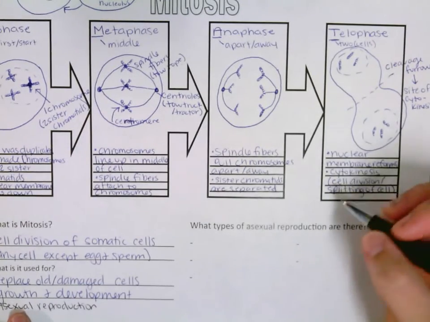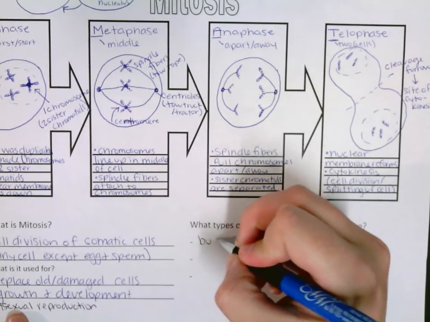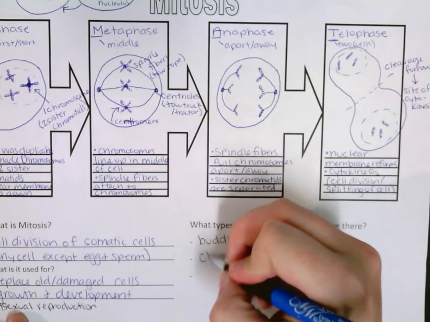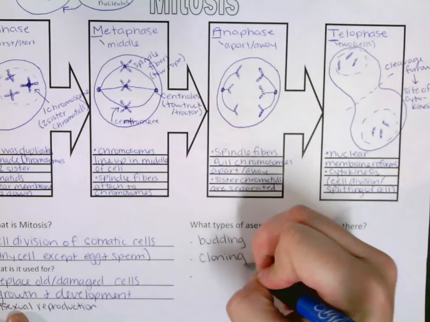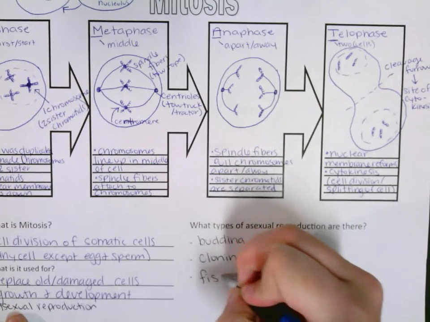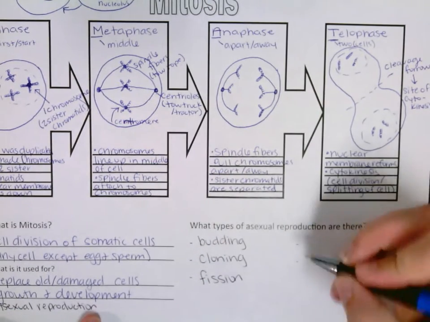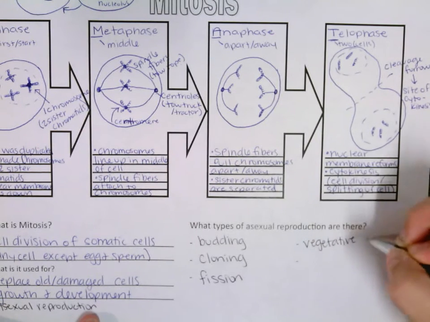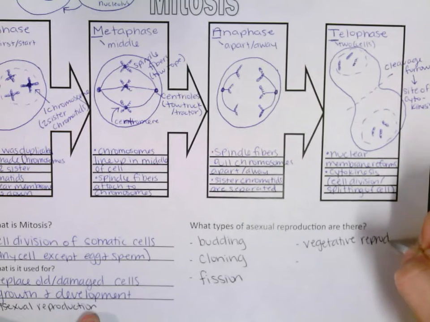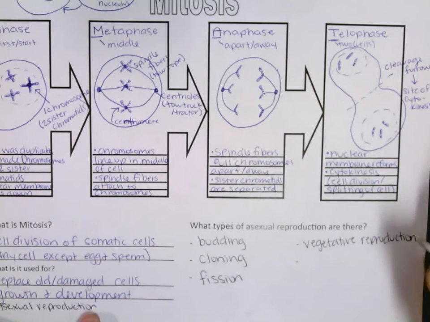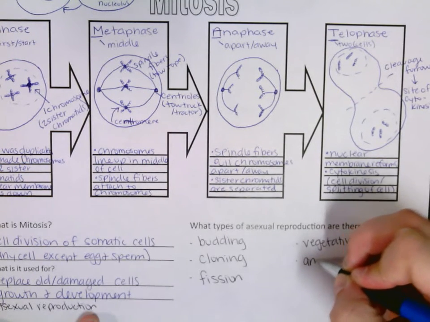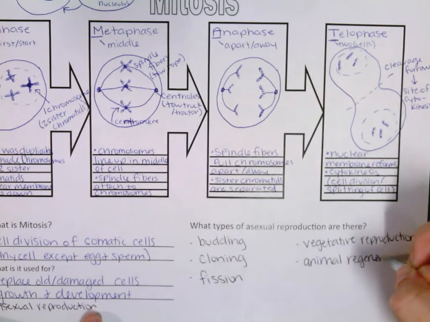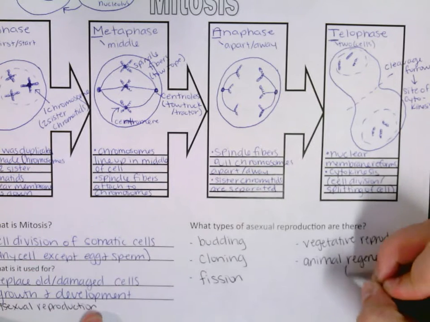And the types that we're going to focus on today are budding, cloning, fission, vegetative reproduction, and animal regeneration, also known as fragmentation.